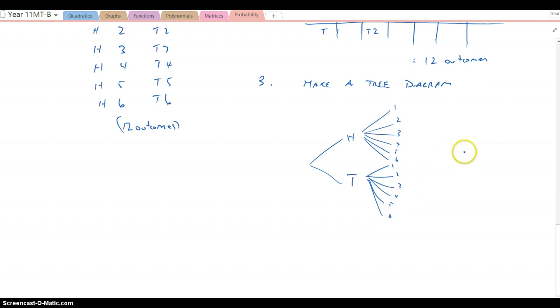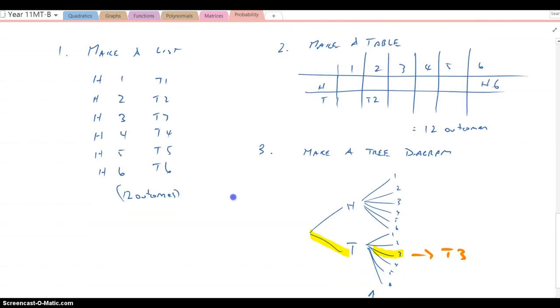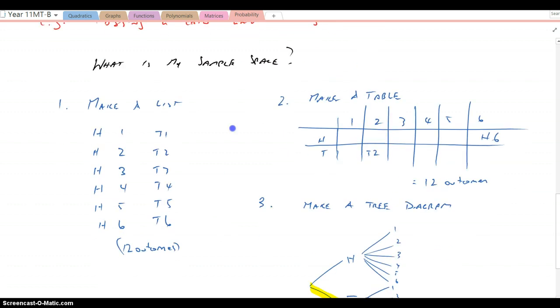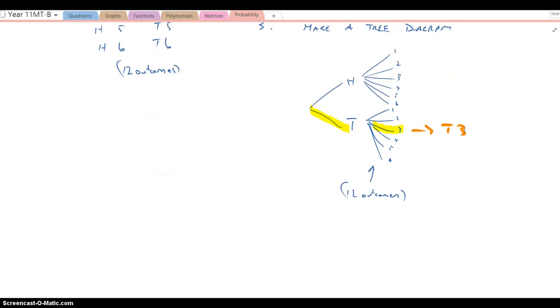So you can see there our 12 outcomes are listed, and for instance, this outcome here is T followed by 3. So that outcome there is T3. So we can easily see, once we've got our sample space in front of us, how to calculate the probability for what we're trying to find.